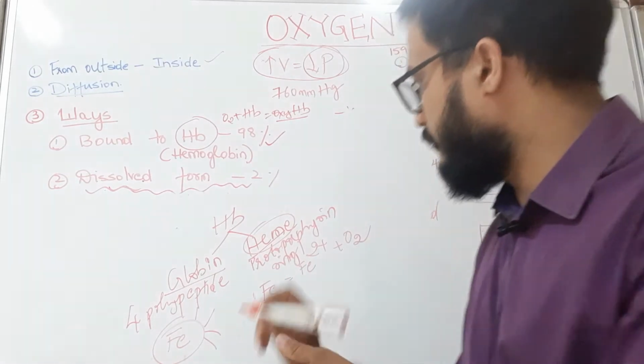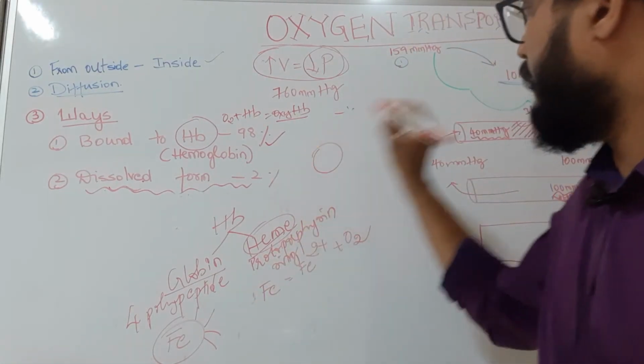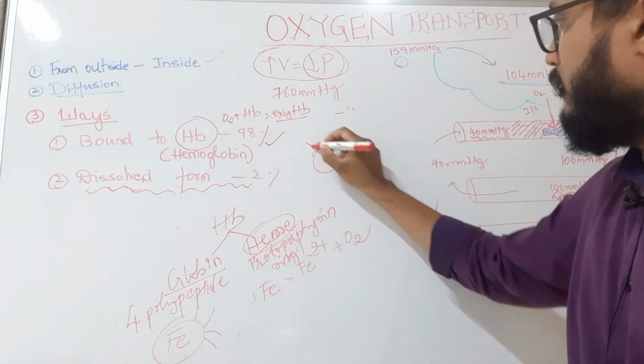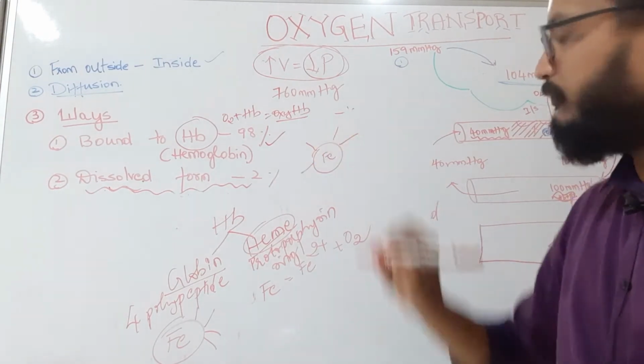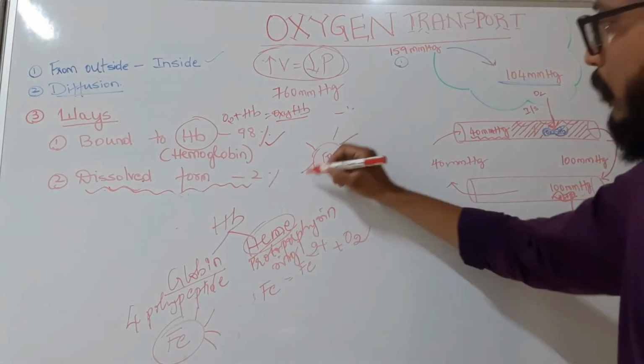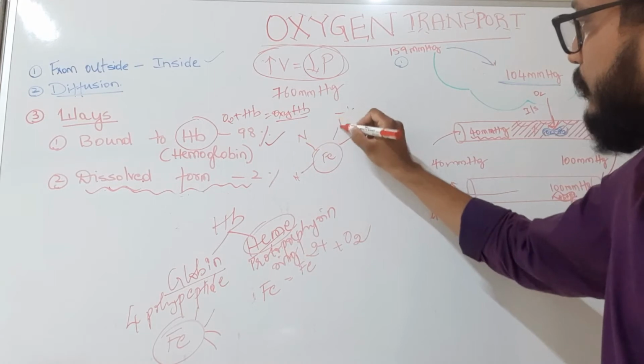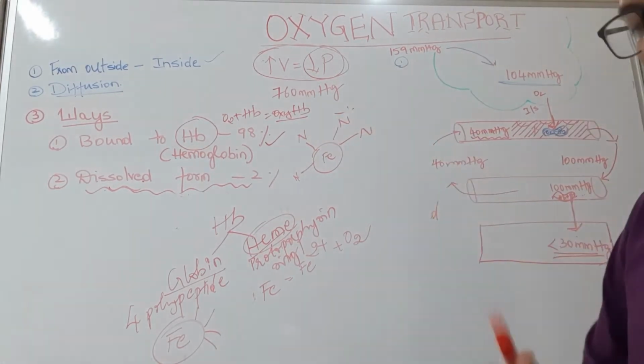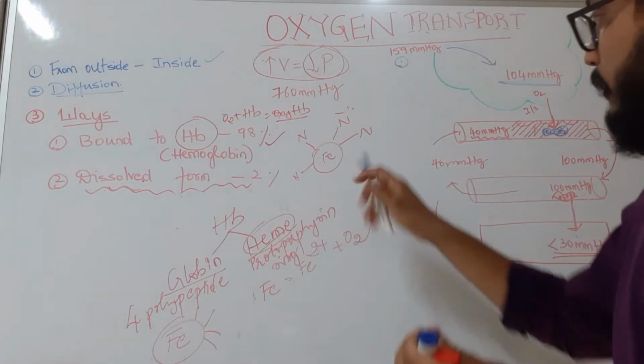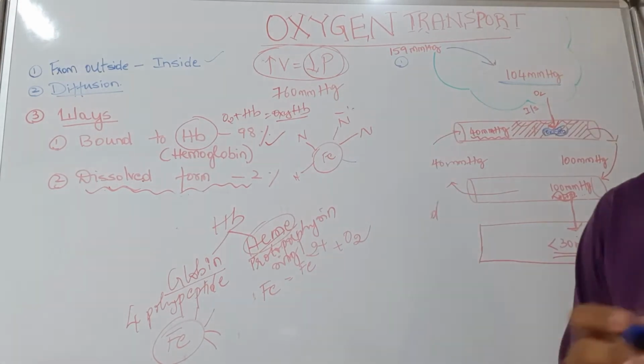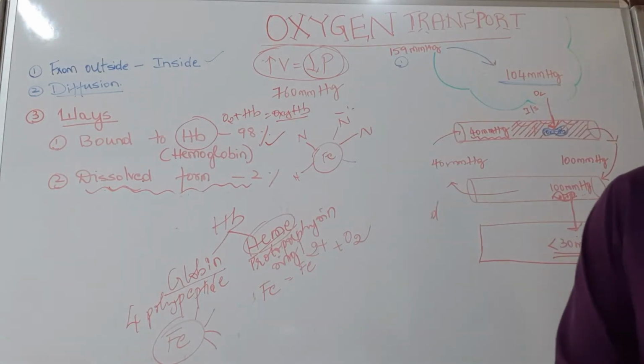So the iron is attached very firmly through the 4 bonds to the nitrogen atoms present in the porphyrin ring. One of the bonds attaches to the histidine residue.